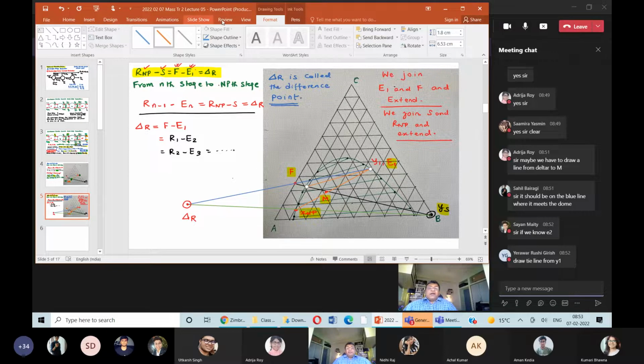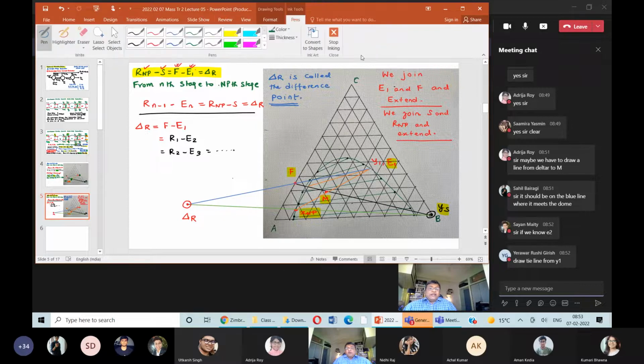E1 and R1 are in equilibrium, right? So what do we get now? The tie line through E1. Is it clear to all?